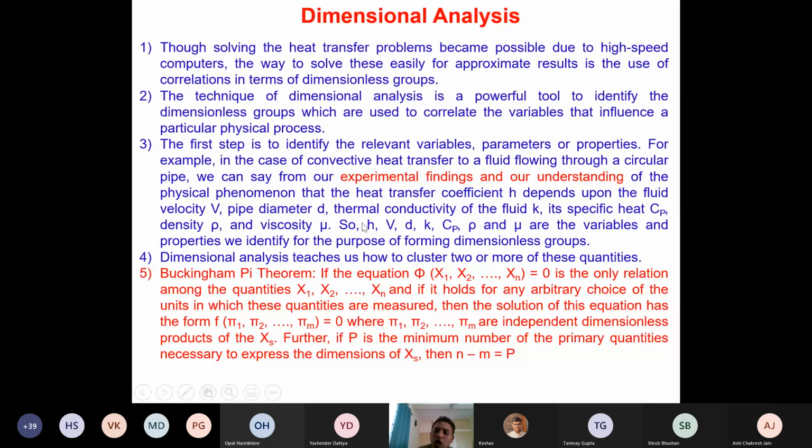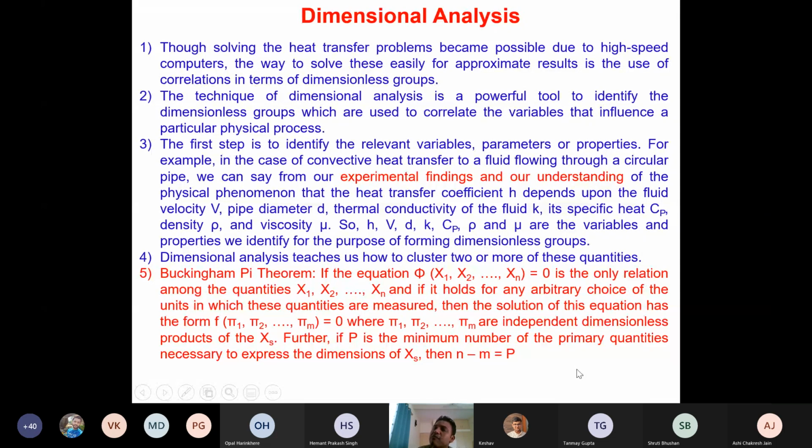Again, how many dimensionless groups will be required, that you can directly find out by doing a back calculation here. So n is the total number of variables that you already know. Again, based on the dimensions of these particular quantities, you already know what are the minimum number of primary quantities that are necessary. Primary quantities are nothing but the mass, length, time, temperature, mole, current, or luminous intensity.